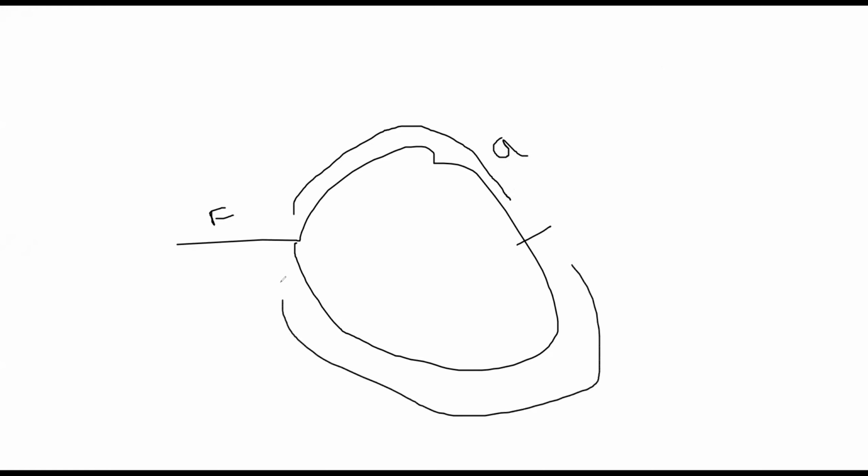If we say this is F, and it meets over here, we call this whole part A, and the rest of this B. Let me write the text.